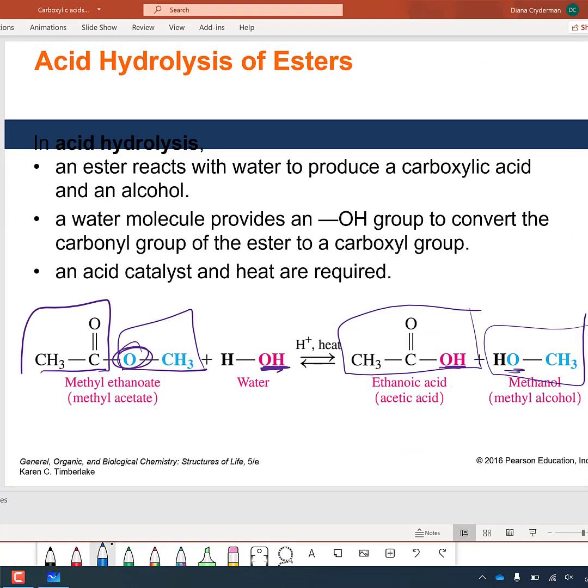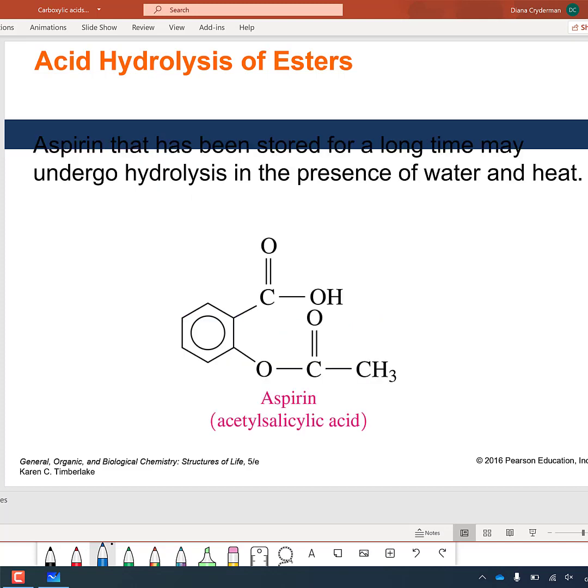Let's go back to our PowerPoint quickly. So we had actually a couple of water molecules. We had acid heat in there, and we broke apart our carboxylic acid from our alcohol. So here in this step, for example, if we had aspirin, we could undergo hydrolysis at this location.